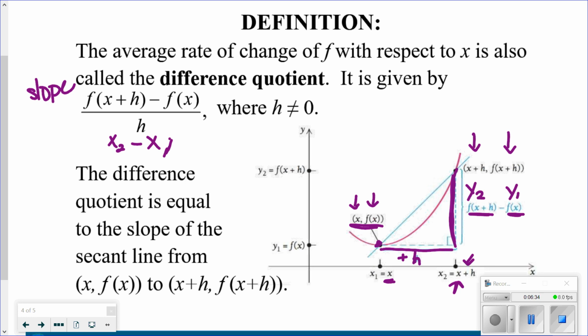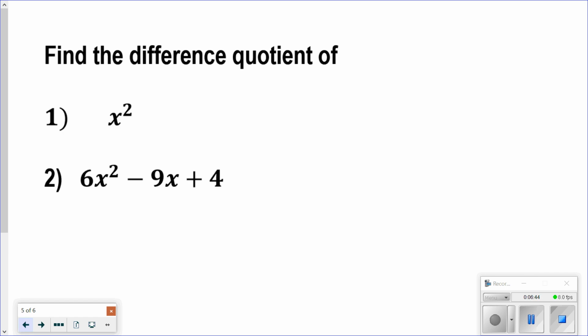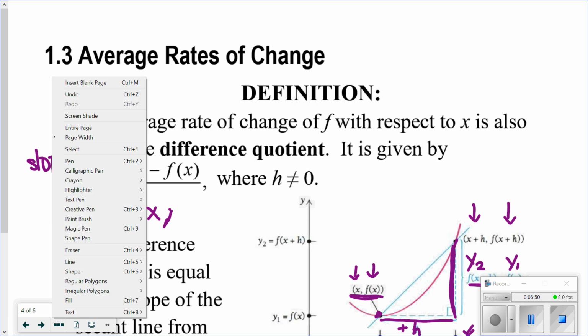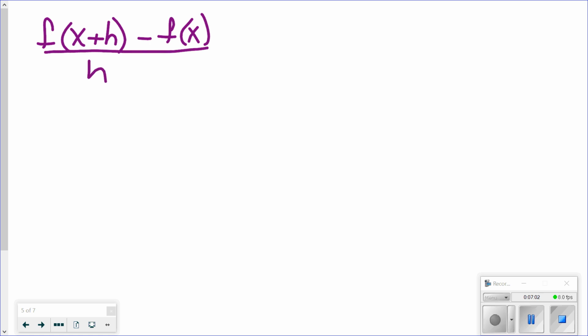So let's look at an example of how we're going to use this, because we actually are not going to have specific numbers to put in. We're going to be doing this with functions. Okay, so the simplified difference quotient is f of x plus h minus f of x, and all of that is over h.